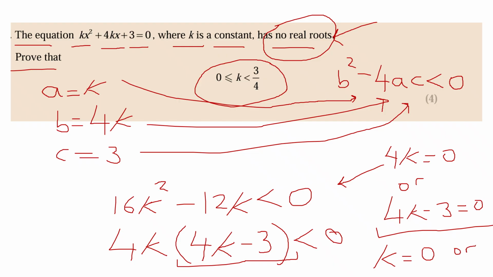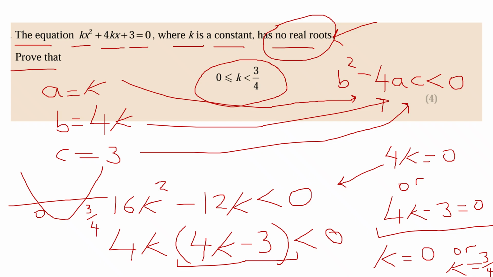So what's next? We're now going to sketch our quadratic, in terms of k, to see where the quadratic is below 0, i.e. below the x-axis. So again, it crosses at 0 and 3/4. This is not my perfect drawing, but you can hopefully forgive me.